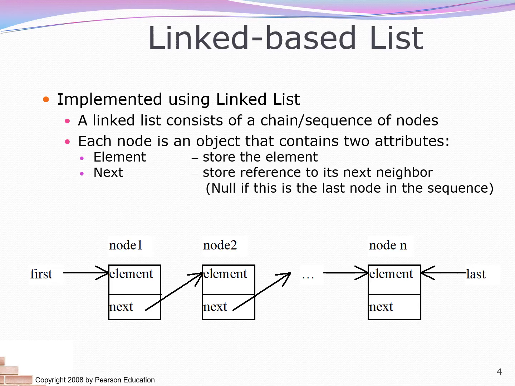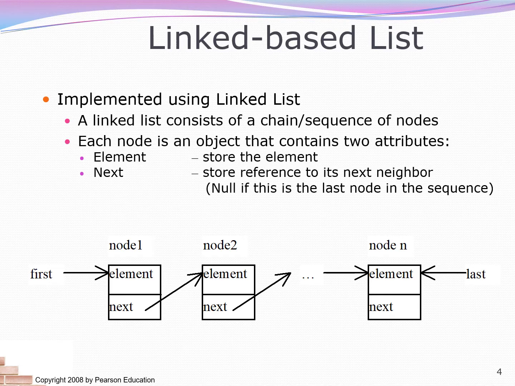You can imagine it looks like a chain of nodes, whereby each node, so this is called a node, will contain an element. You can put a string or integer inside it, or you can put an object inside it. Other than the element, it has another attribute which is called next.